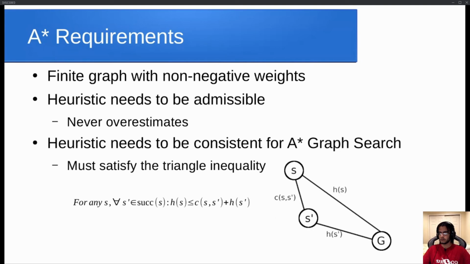And to me, just seeing the picture has helped more than just seeing the inequality. So if you think about it from one node, the heuristic value at one node should always be less than or equal to the cost of getting to any one of its children plus the heuristic at that child.